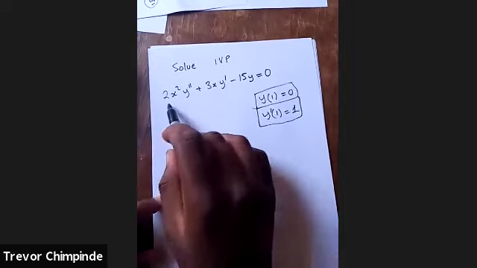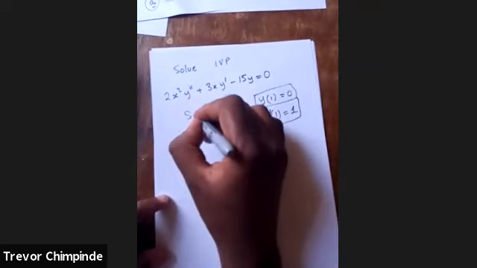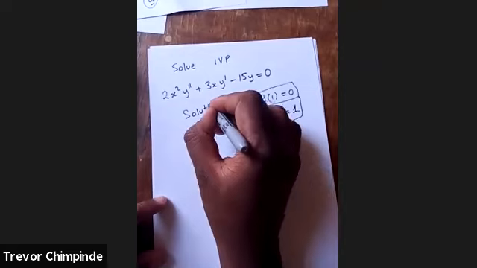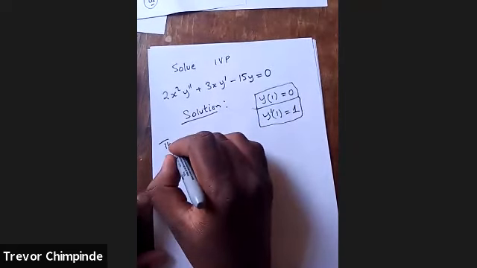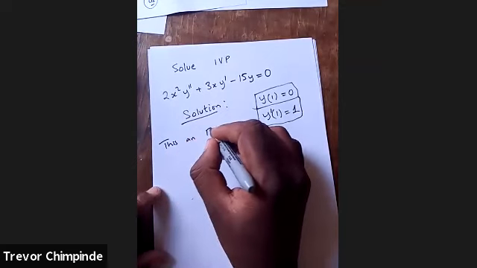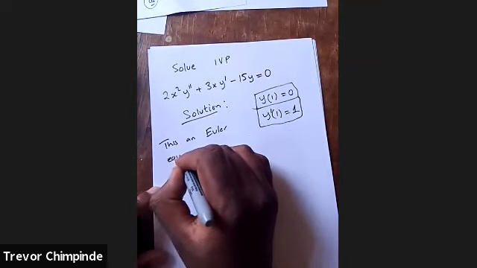So the key thing here is that you have to identify that this is an Euler equation.